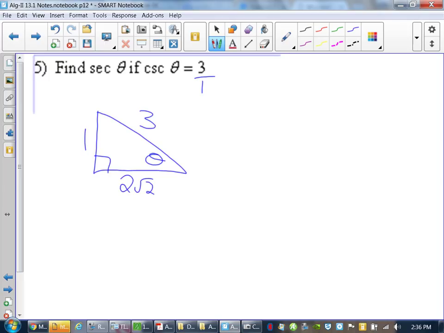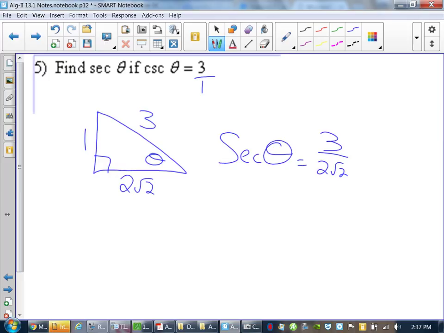So if theta has an adjacent now of 2 root 2, secant is the inverse of, excuse me, cosine. Cosine would be adjacent over hypotenuse. Secant would be hypotenuse over adjacent. So you get the secant of theta would be 3 over 2 root 2. But what do you have to do?